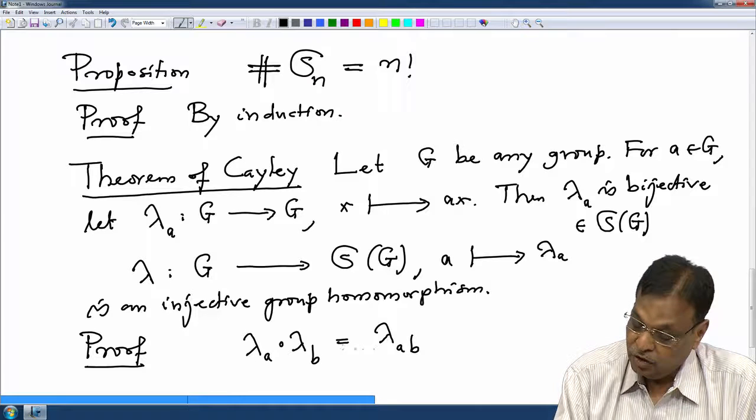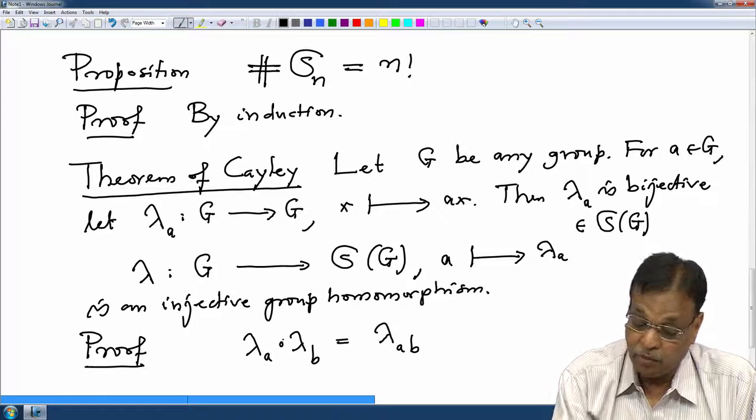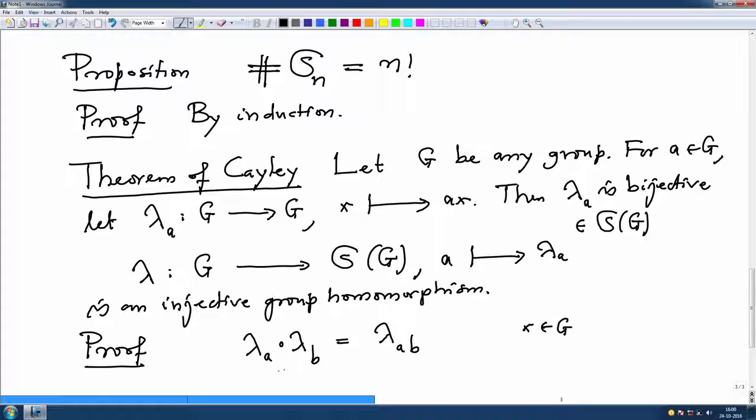This is obvious because to check this equality, I just have to evaluate on an arbitrary element X. Both are maps from G to G. So if I take any X in G and evaluate both sides, lambda AB on X is ABX, left multiplication by AB, and this one is first lambda A of lambda B of X, but this is the first inside thing, so that is lambda A of Bx, and this is ABX.